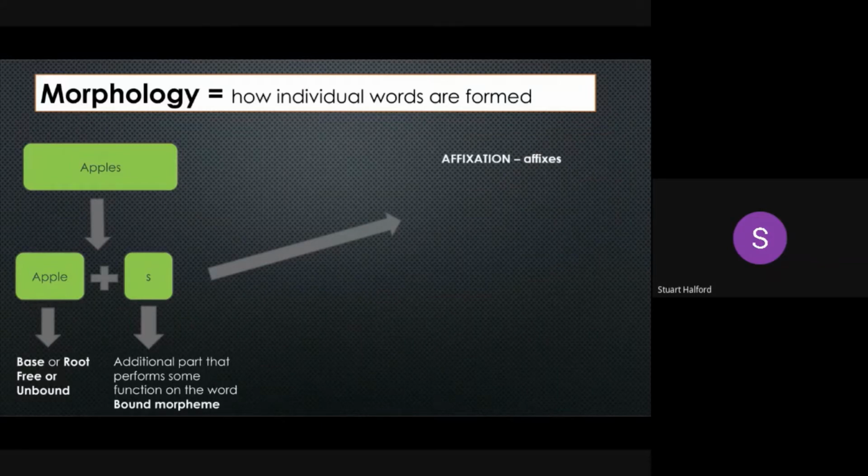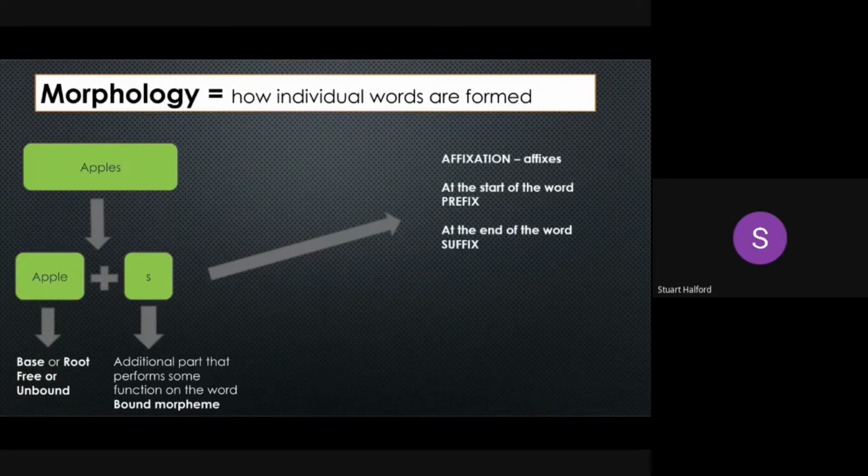And bound morphemes may be put sometimes at the start of words, sometimes at the end of words, and we call this process affixation or affixes. So they can go at the start of the word, in which case we call it a prefix. And again, this should be familiar from probably Key Stage 2 English, certainly Key Stage 3 and 4.